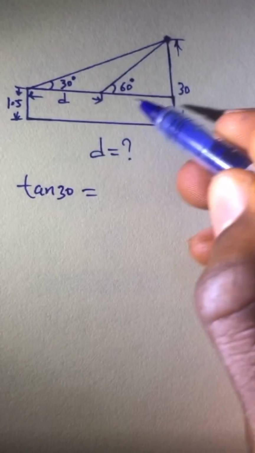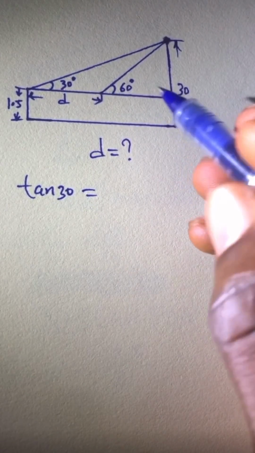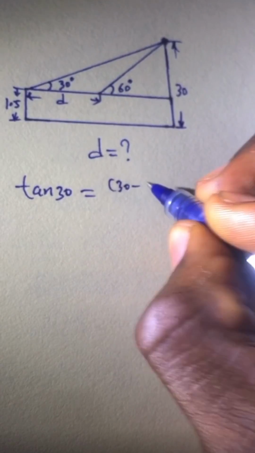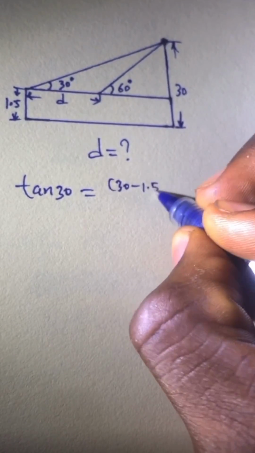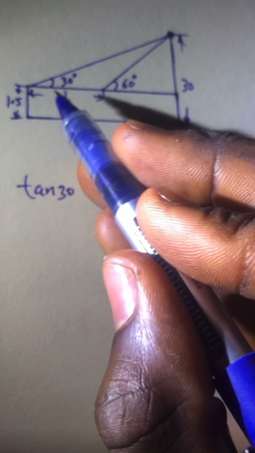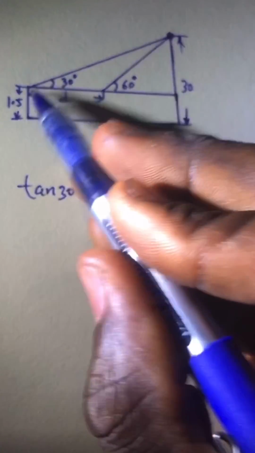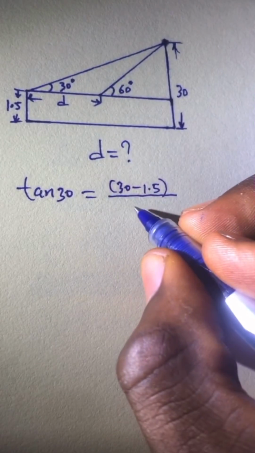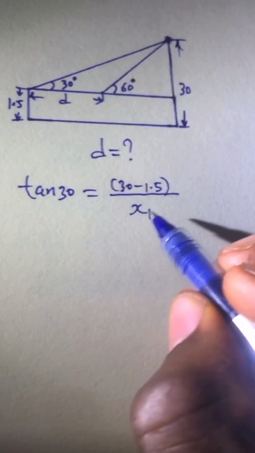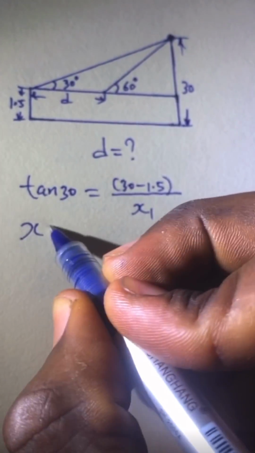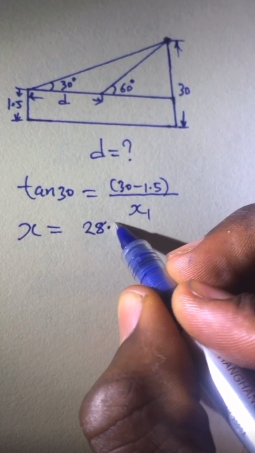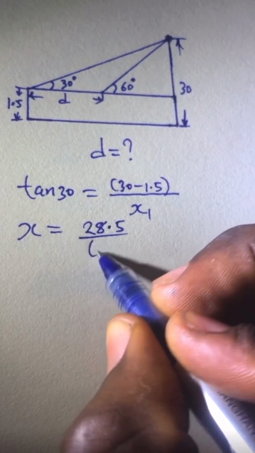So for us to get the length from here to here, we need to do 30 minus 1.5 over the adjacent, which is the length from here to here, and from here to here we are going to label it as s1. So s1 will be equal to 28.5 over tan 30.